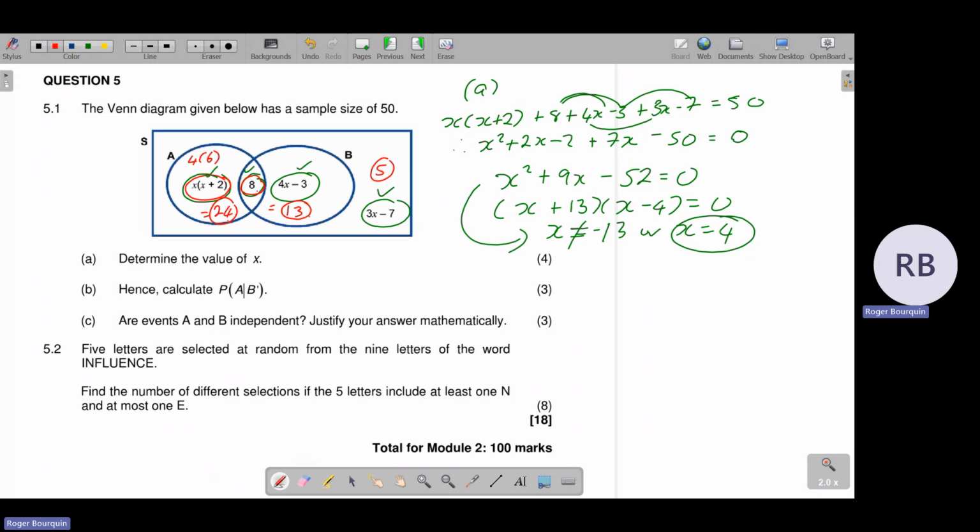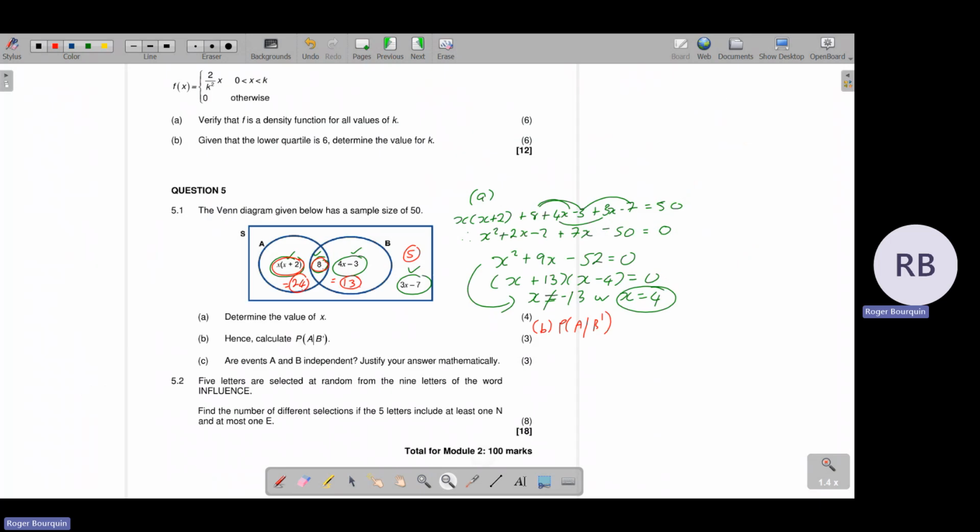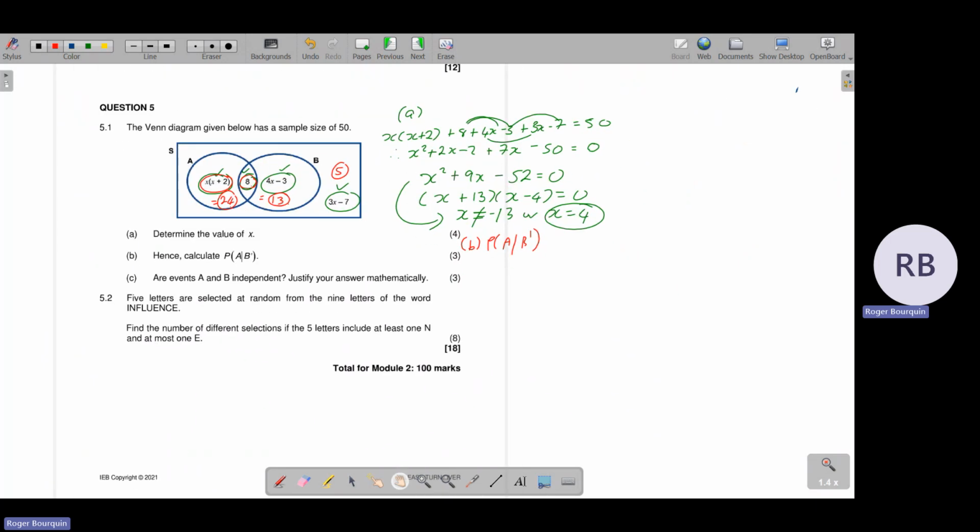You're really just looking at the red scores now. Then it says calculate the value of the probability of A given that it's not in B. Well, if you just use your formula, that's going to be equal to the probability of A and not B over the probability of not B. And that's the same thing really, guys.